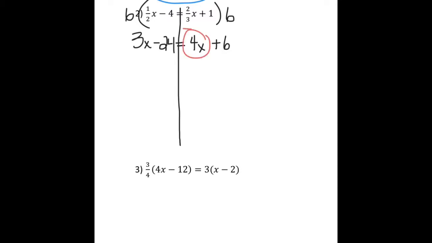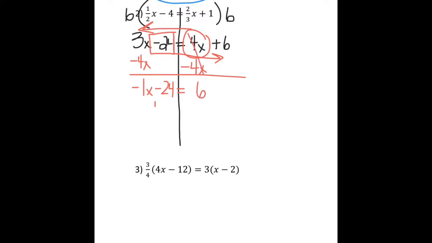I'm going to move my variable term to the left and my constant term to the right. So I'm going to subtract 4x from both sides. 3 minus 4 is negative 1x. Minus 24 equals 6. The opposite operation of negative 24 is plus 24.